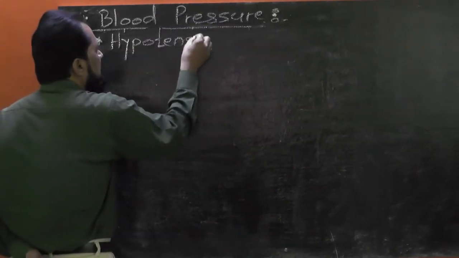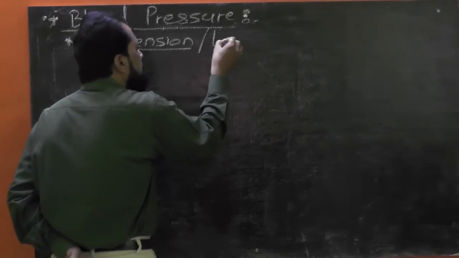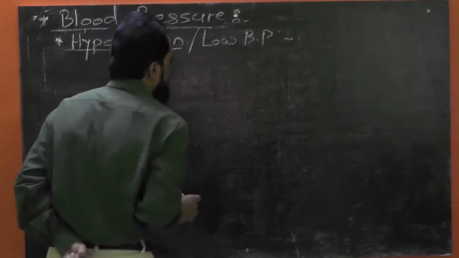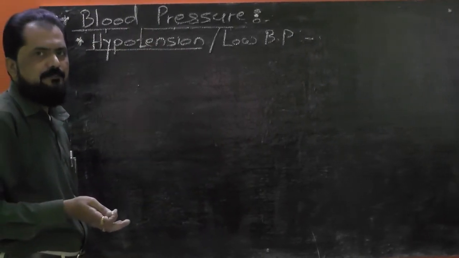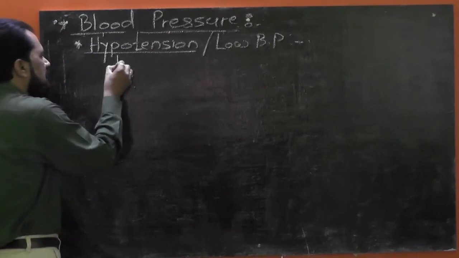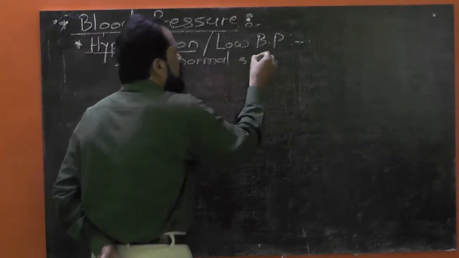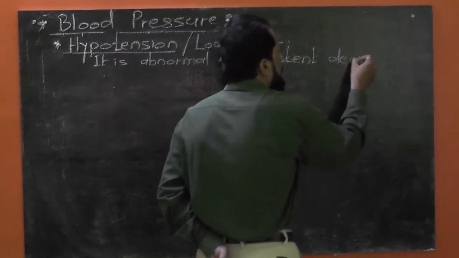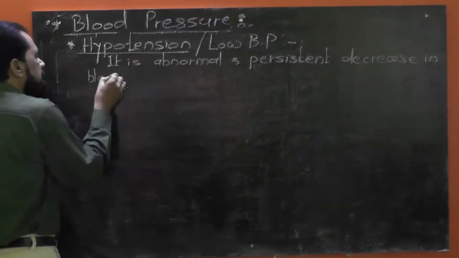Hypo, this word stands for less or below. Therefore, the hypotension is also known as low BP. Hypotension or low BP is defined as abnormal and persistent fall in blood pressure, decrease in blood pressure.